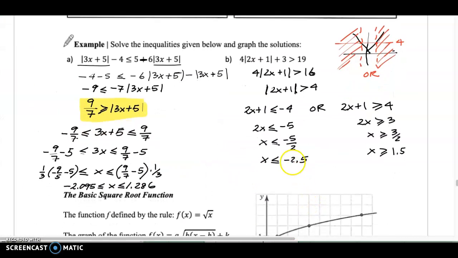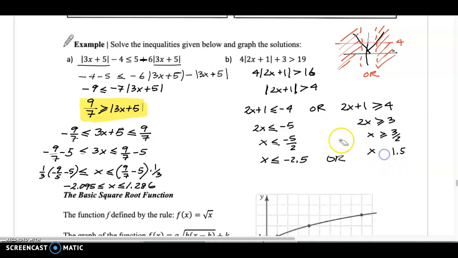So it's x is less than, or x is greater than, 1.5. Actually, it's not even equal. Why? Because it's not equal, so we should not even have that.